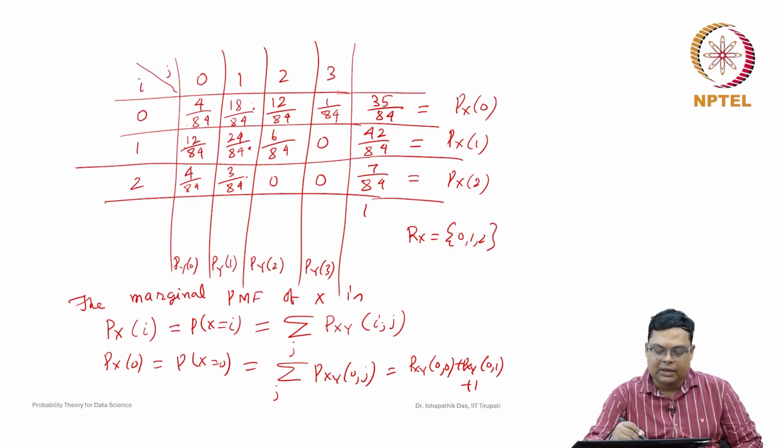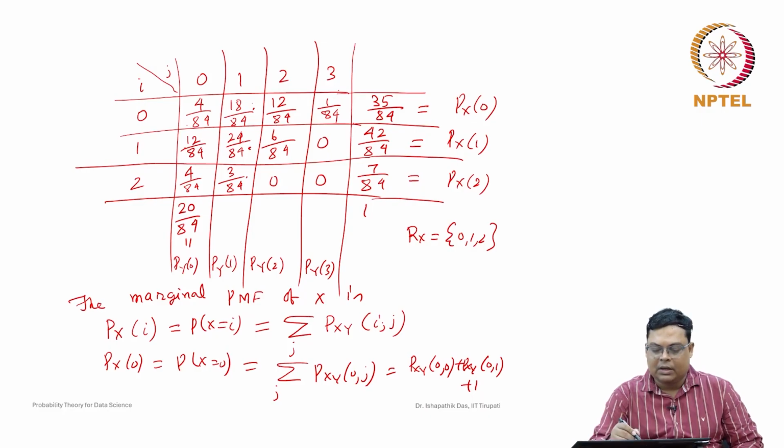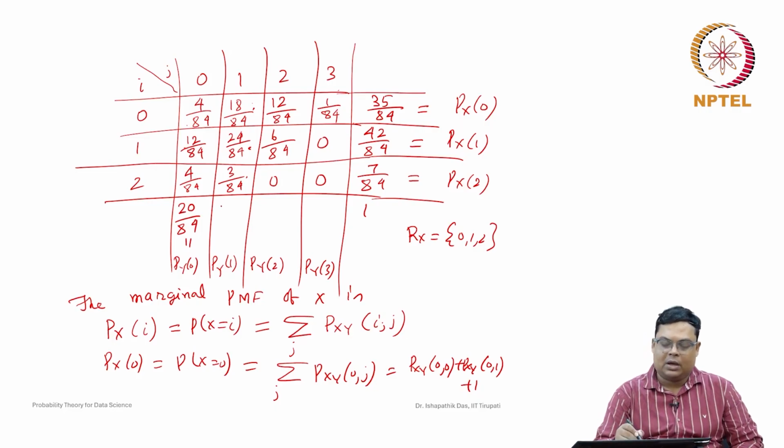This is 20 by 84, and this is 18 plus 24 is 42, 42 plus 3 is 45, so 45 by 84. Then this is 18 by 84, and this is 1 by 84.